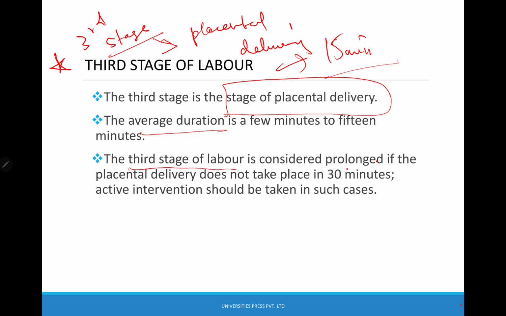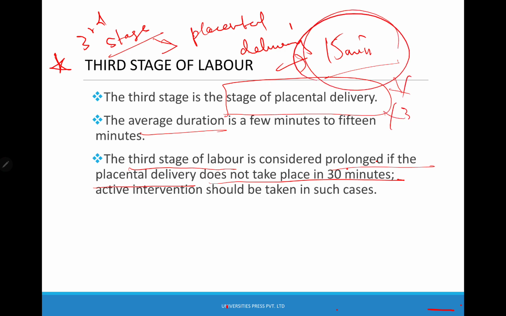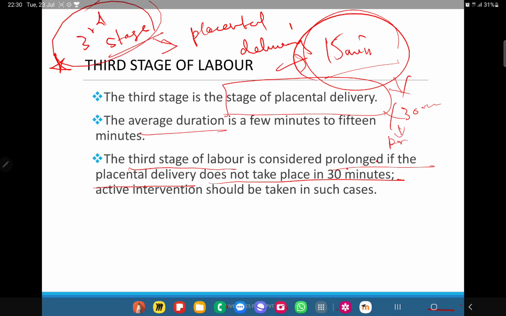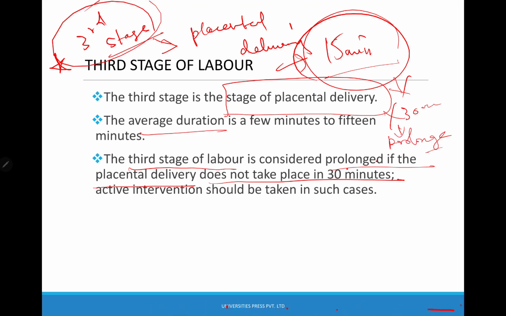The third stage of labor is considered prolonged if the placental delivery does not take place in 30 minutes. So if not within 30 minutes, then the third stage is prolonged. That is when you say prolonged.